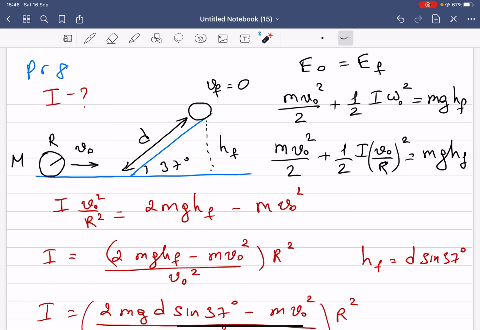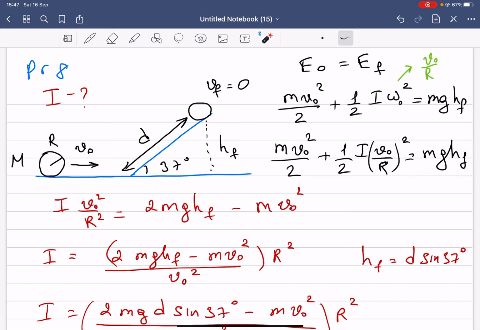We also know that omega is equal to v over r, so we replace that with v initial over r, and it is equal to m g h final.